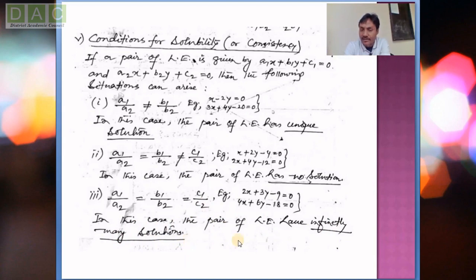To the right of every condition, one example is given. Say the example, x minus 2y equals 0, and the second equation, 3x plus 4y minus 20 equals 0. Check whether these equations satisfy the condition or not. If satisfied, these equations will have a unique solution. So you can try it yourself.